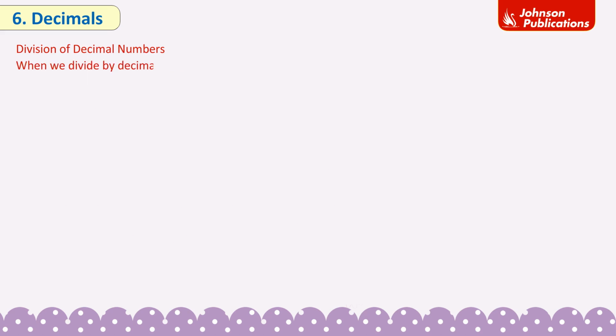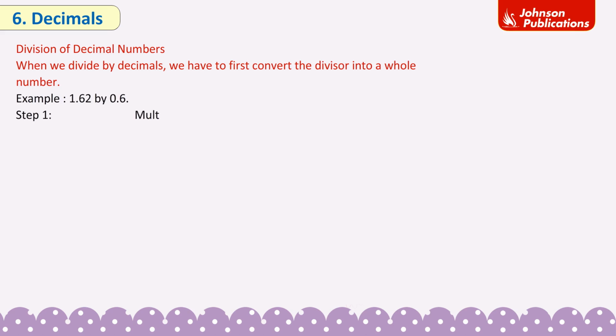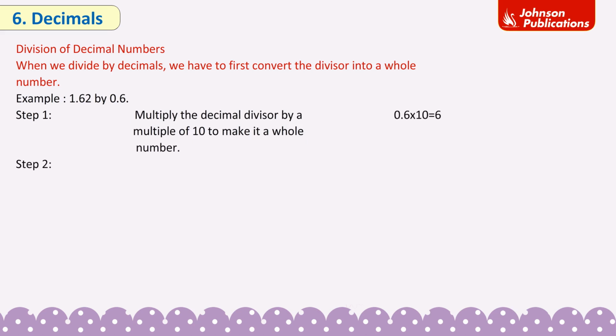Division of decimal numbers. When we divide by decimals, we have to first convert the divisor into a whole number. Example, 1.62 by 0.6. Step 1. Multiply the decimal divisor by a multiple of 10 to make it a whole number. 0.6 multiplied by 10 is equal to 6. Step 2.